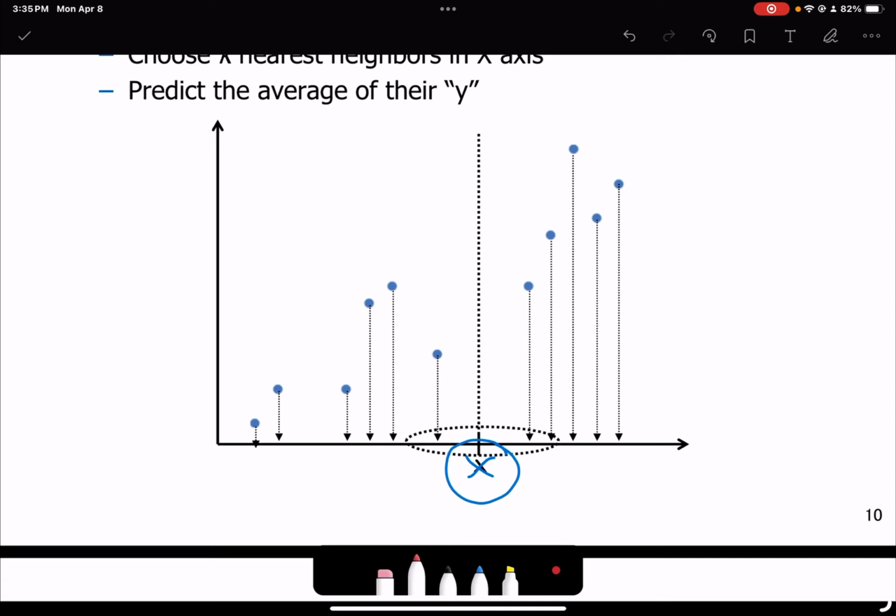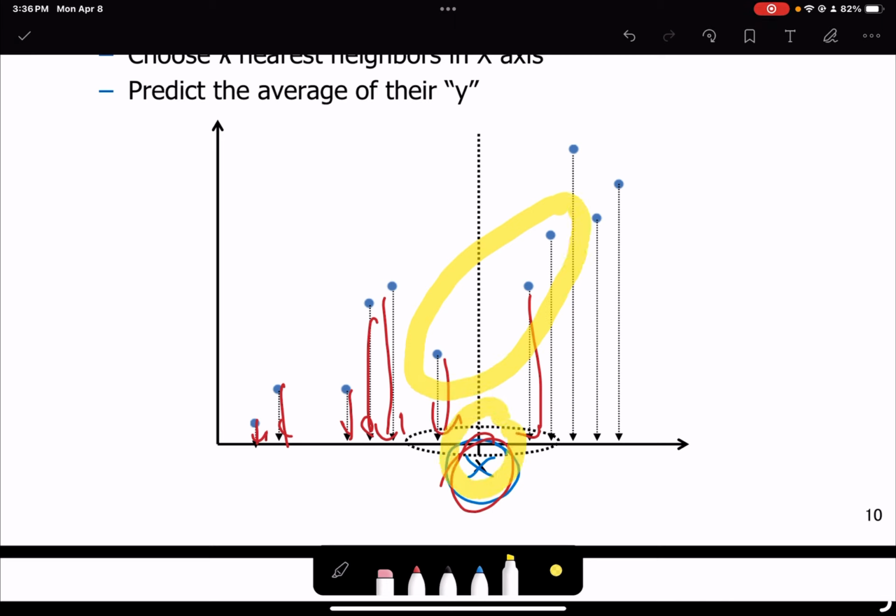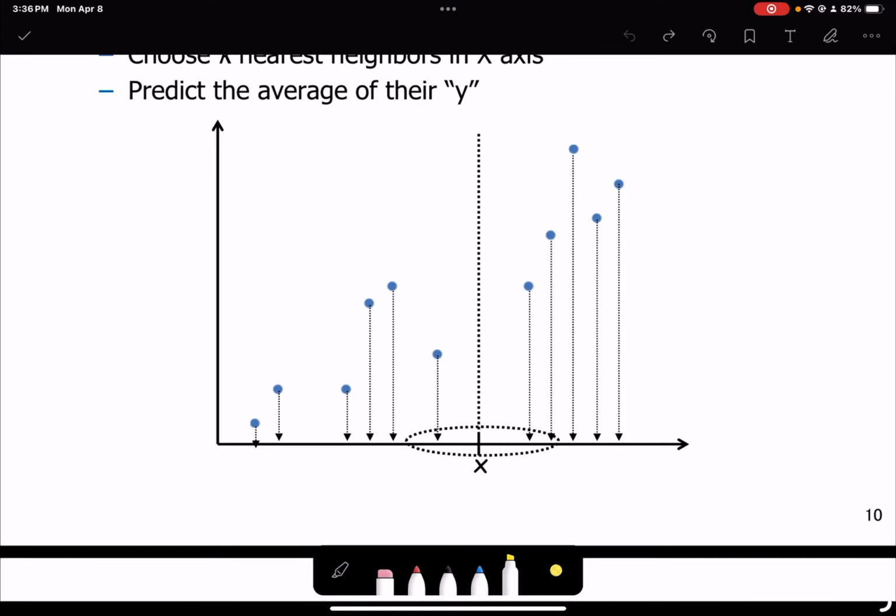Considering this data and the KNN algorithm, we first determine which are the nearest data points to this target data point. We can see here that these 3 data points are nearest to this data point.